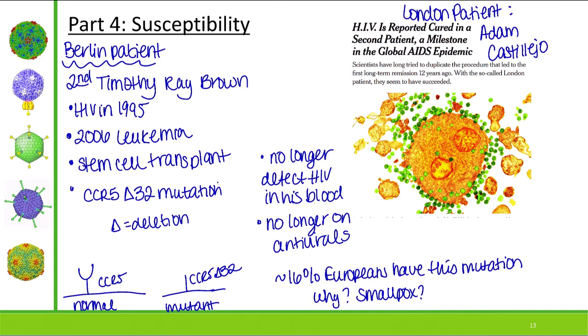So I wanted to share that, and this idea of susceptibility directly correlates to these examples of the Berlin patient and the London patient, because both of them now have a receptor that is shortened, essentially.